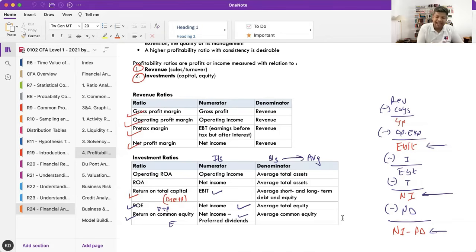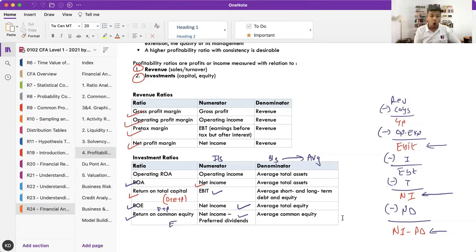How about return on assets, total assets? Guys, how do you fund the total assets? In this case, the formula is net income over total assets. So how much is the income that you have generated on the total assets? So return on asset is net income over total assets.